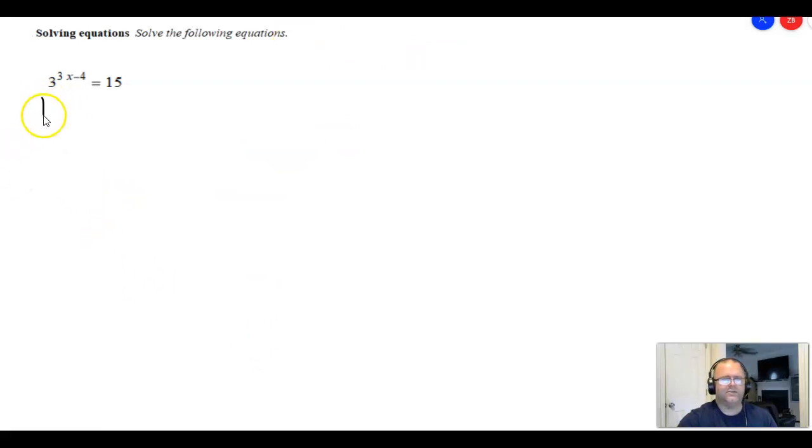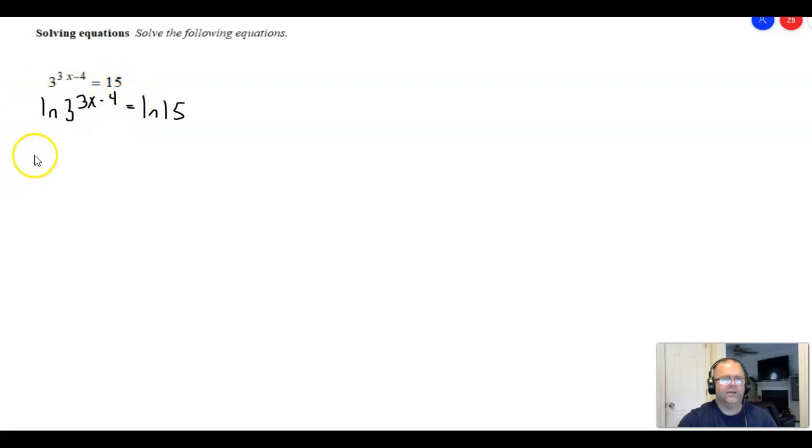So if I take the natural log of both sides, which we can do in an equation, that's the natural log of 3 to the 3x minus 4 is equal to the natural log of 15. So all I did was just take the natural log of both sides. Now I can move this whole exponent out in front.